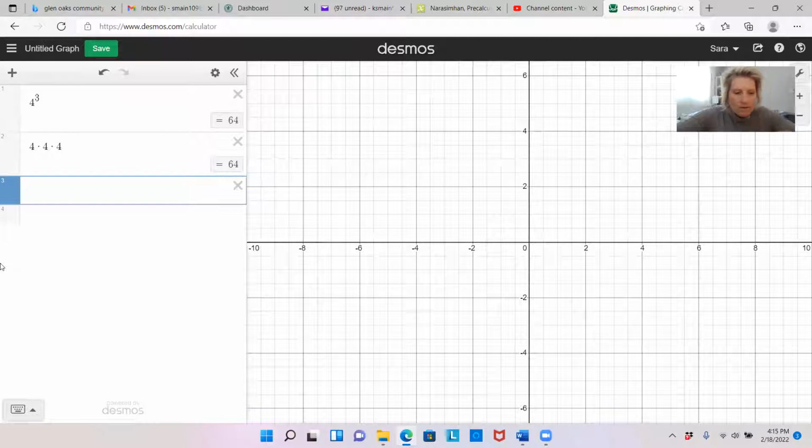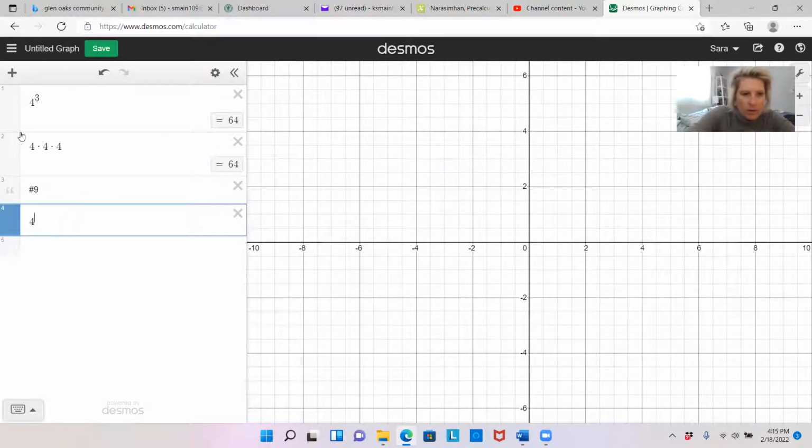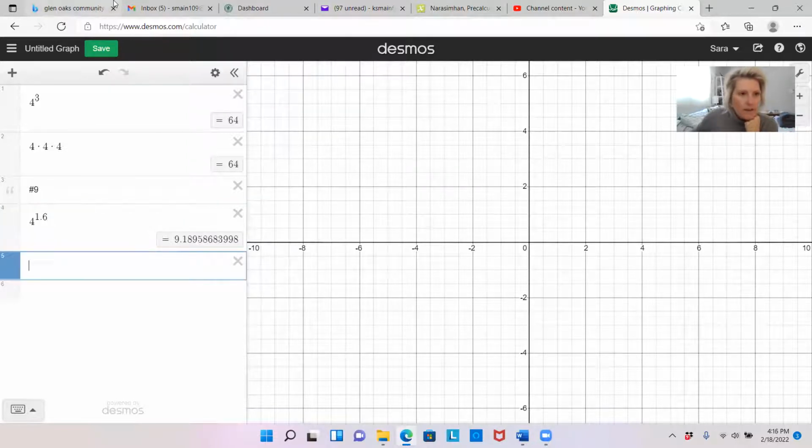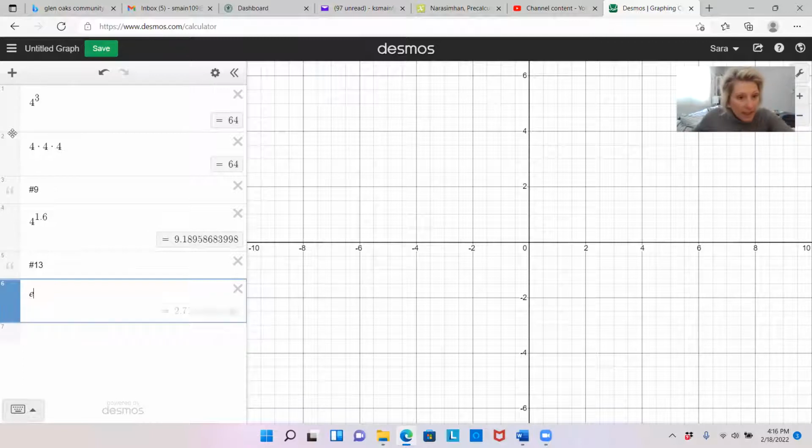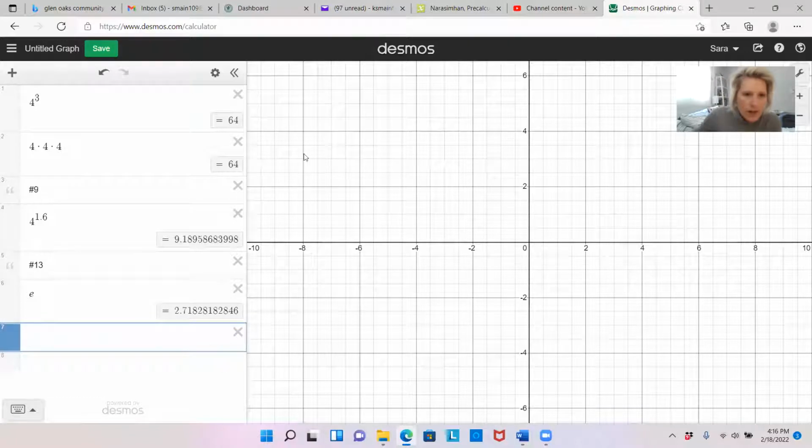So let's look at number 9 in your book, which is 4 to the 1.6. So not quite 4 squared, which would be 16, but bigger than 4 to the 1, which is 4. Then let's look at number 13 in your book, and that is the number E. So the number E is a number that is really, really close to 2.718.